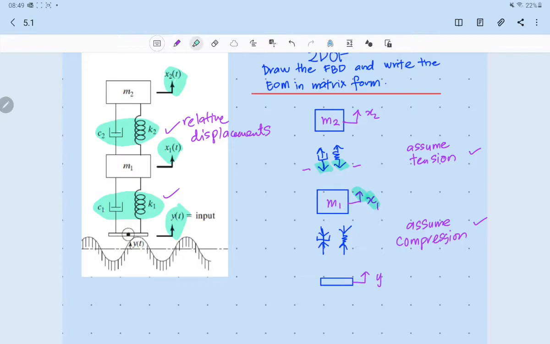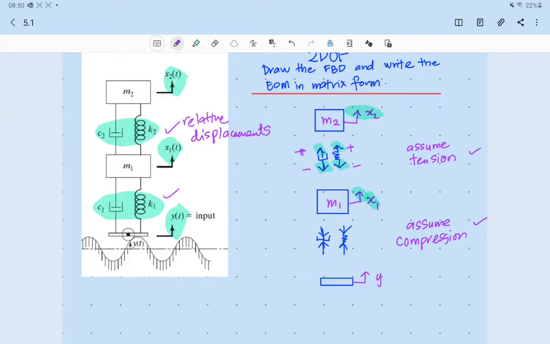And the other side, which is the x2 side, you will get the same side, so the arrowheads are the same, so you will get positive. Okay, so the way to write the forces, you're gonna see that is gonna be x2 minus x1.